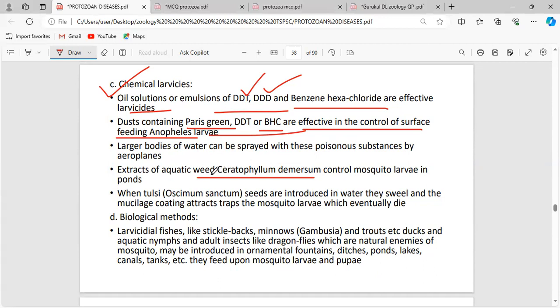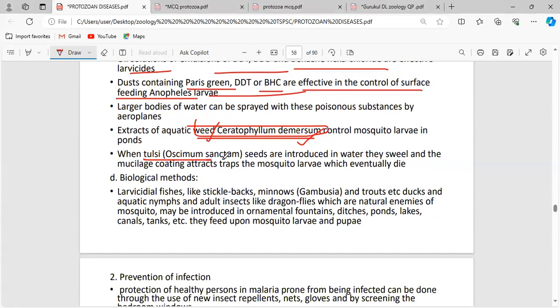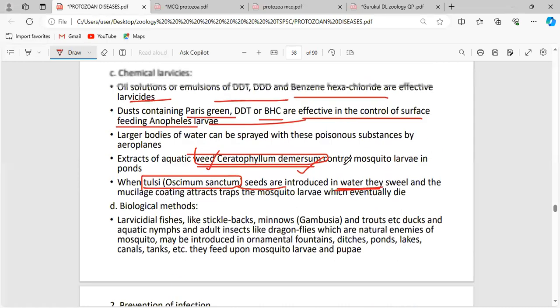Now, the extract of the aquatic weed Ceratophyllum demersum can control the malarial larva. See, tulasi, Ocimum sanctum, seeds are also introduced in the water to control the mosquito larva. These are all the chemical methods.